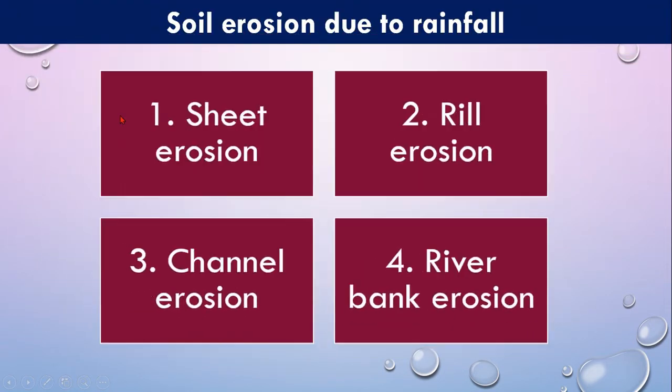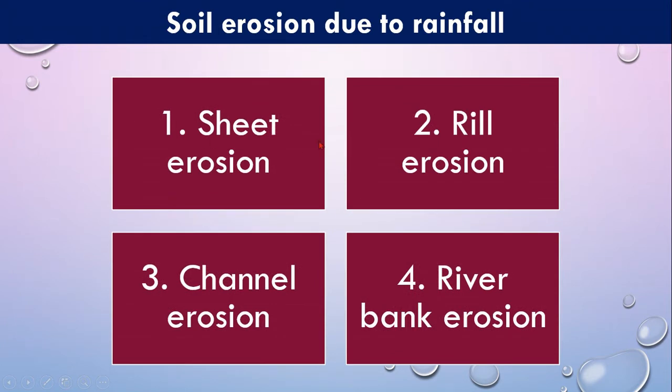Here you can see the first one is sheet erosion, the second one is rill erosion, the third one is channel erosion, and the last one is riverbank erosion. All are natural soil erosion which occurs due to rainfall. Now I will explain all of these.